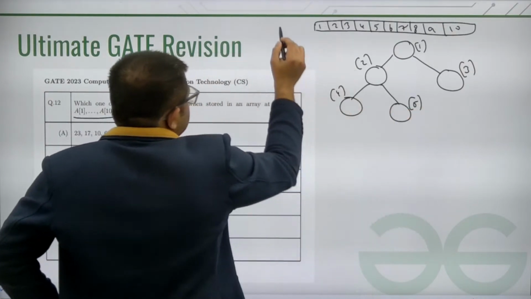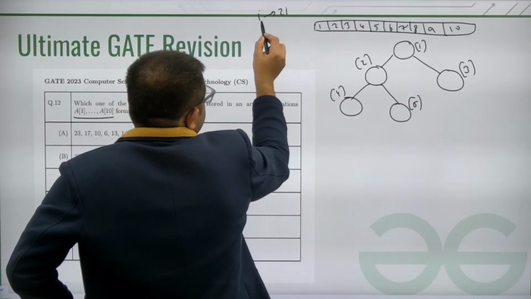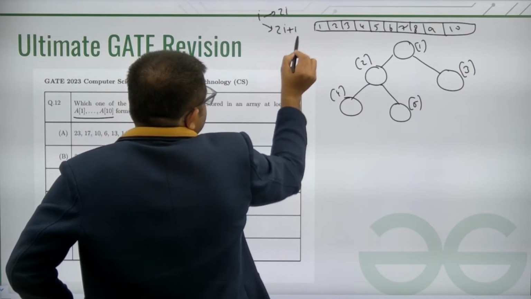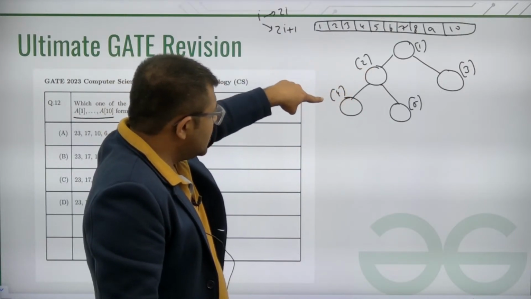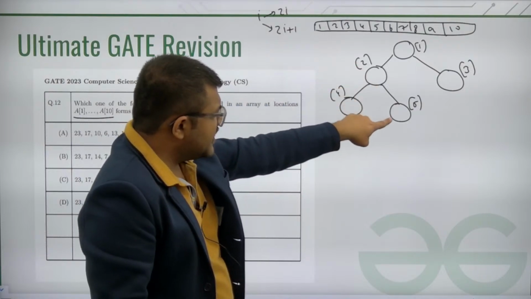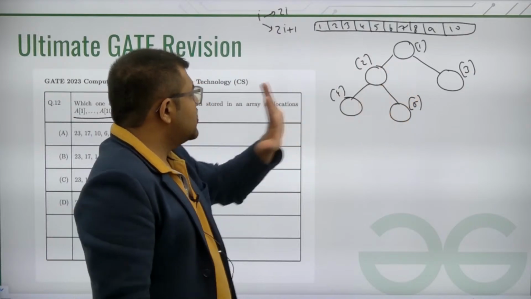So in general, for a particular node i, the left child will have index 2i and the right child will have index 2i plus 1. For example, if this node is of second index, then the left child is 2i, that is the fourth index element, and the right child is 2i plus 1, the fifth index element. Now please don't get confused.